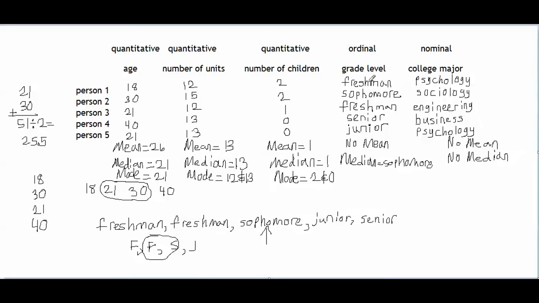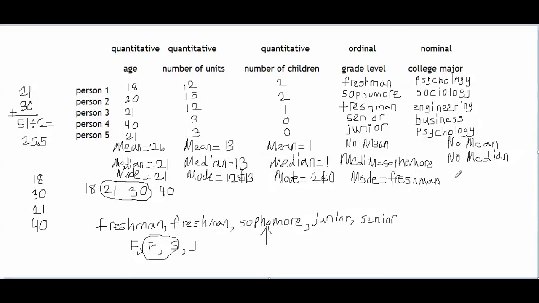In this column of data, freshman shows up twice, and all of the other grade levels only show up once. So the mode is freshman. In this column of data, psychology shows up twice, and all of the other majors only show up once.